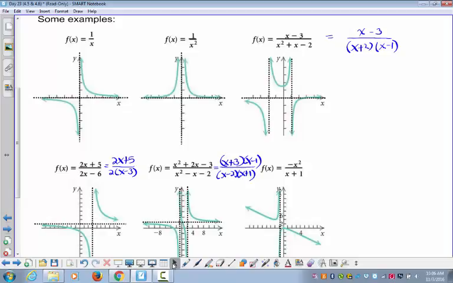So how would you find out where or if a horizontal asymptote is crossed? Right here we have that y equals 0 is a horizontal asymptote. How would I know if that asymptote is crossed by the function f?